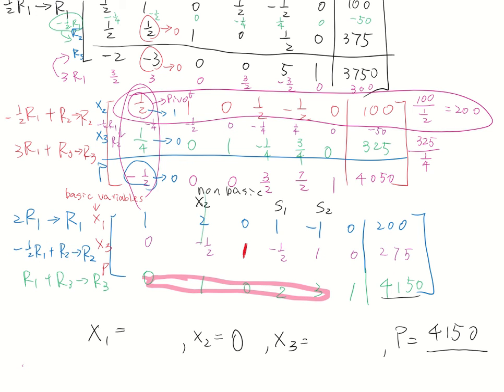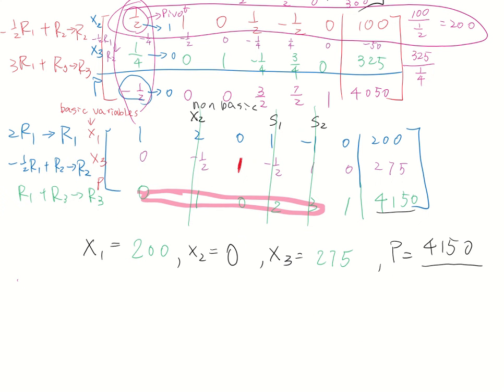We can set the non-basic variables to 0, kind of like this. So we have x1 equals 200, and x3 equals 275. And that is the solution.